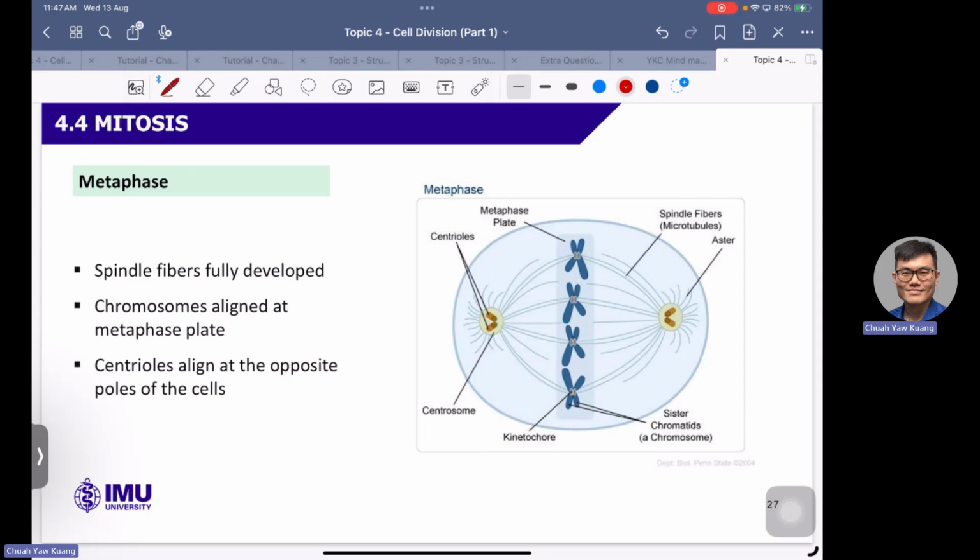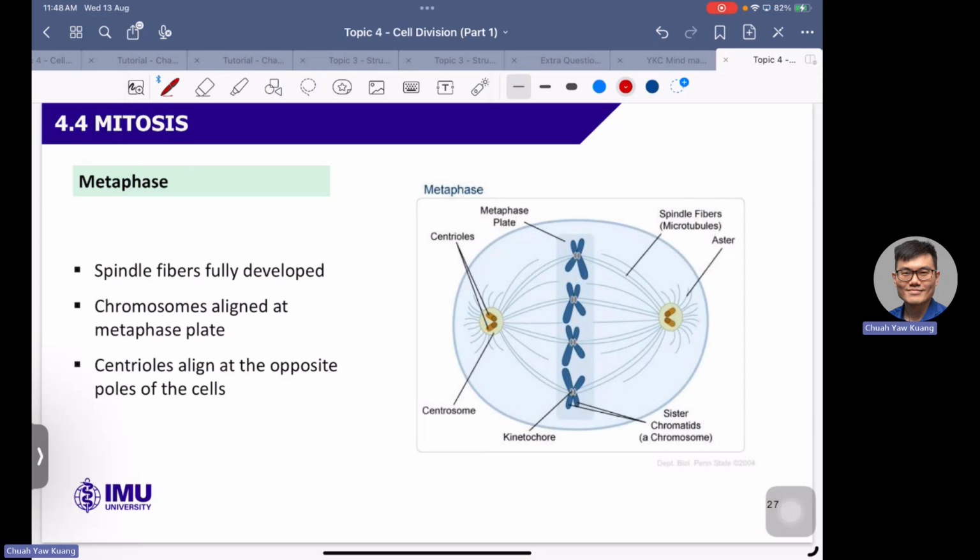Nucleus behavior: it disappears. There's no nucleus. Spindle fiber behavior: the spindle fiber is fully attached to all the chromosomes. It is the microtubule or spindle fiber that pushes all these chromosomes and aligns them in the center.